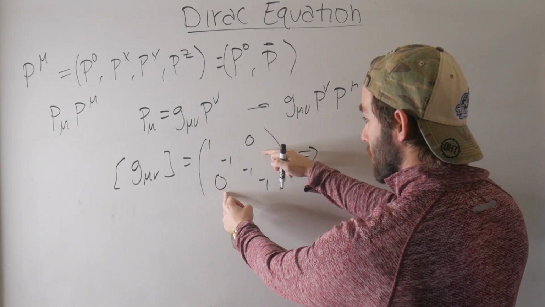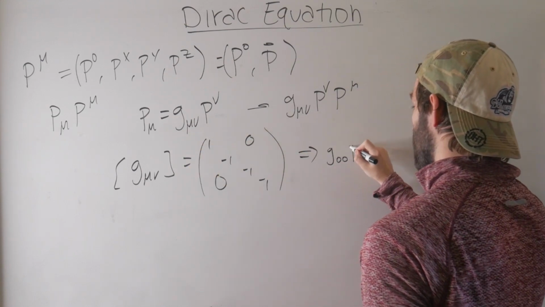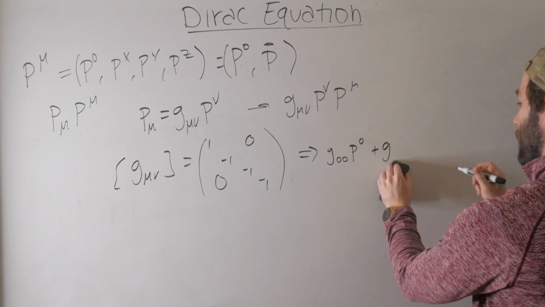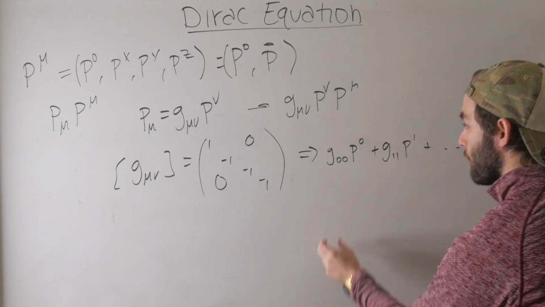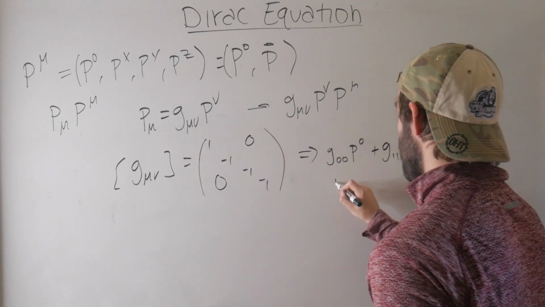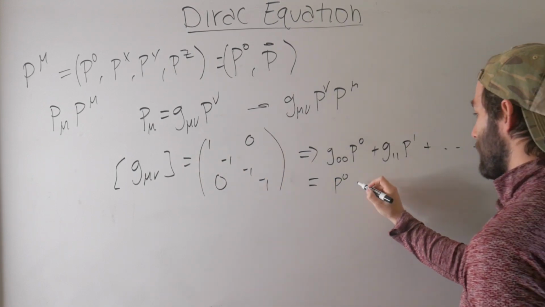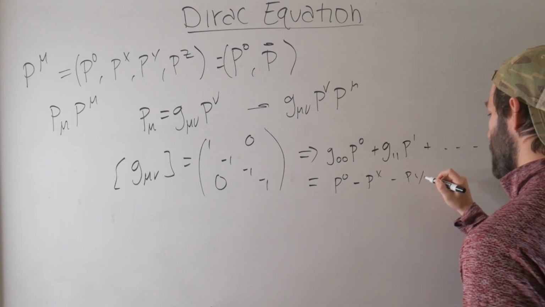the diagonal terms survive. So the first one is going to be g_00 p^0 plus g_11 p^1 plus dot dot dot. The first term gets a 1, so that's still p^0. But the spatial bits all get this relative minus sign, minus our p^x, minus our p^y, and so on.